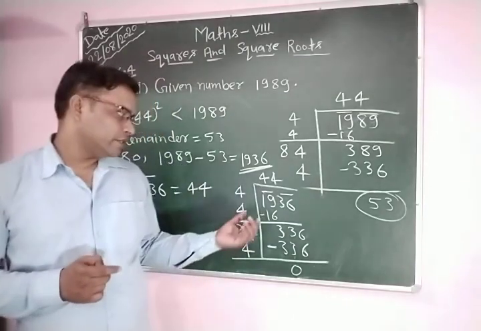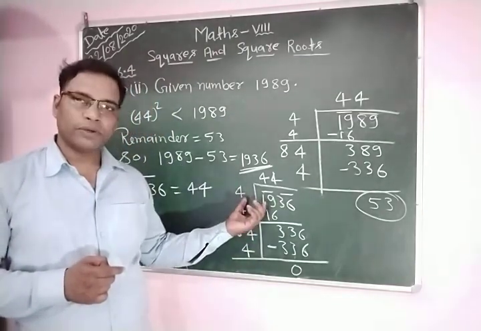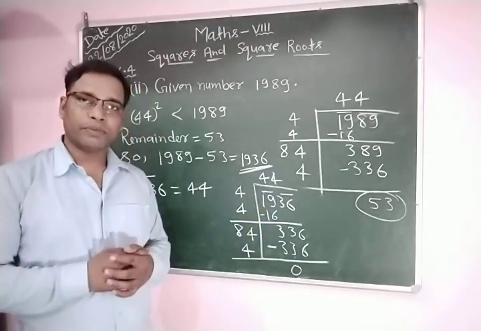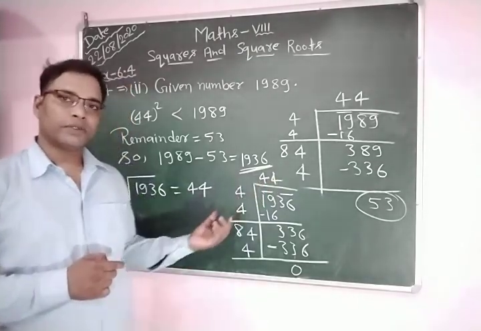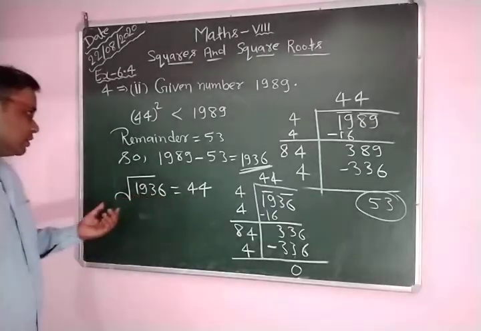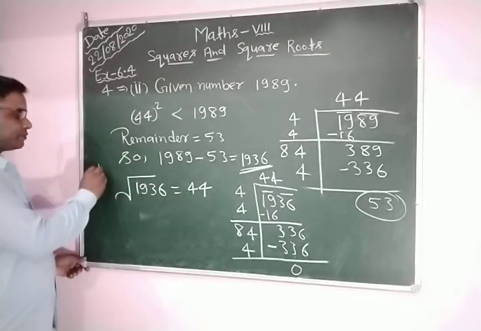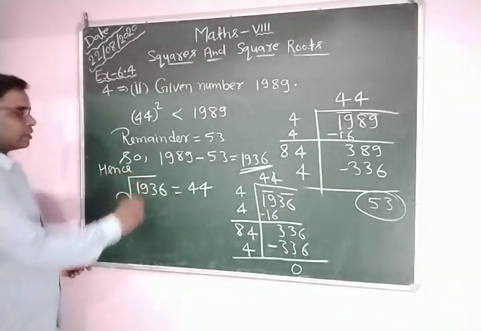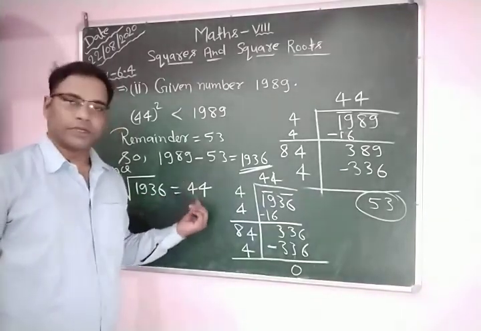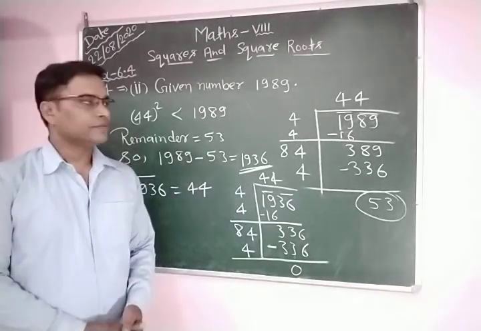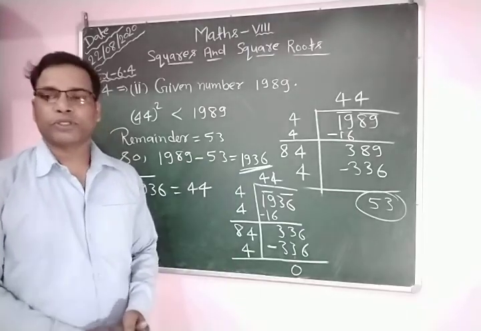Okay, so here we find the square root of the new number by the long division method. This is equal to 44. So you can say the square root of 1936 is 44.